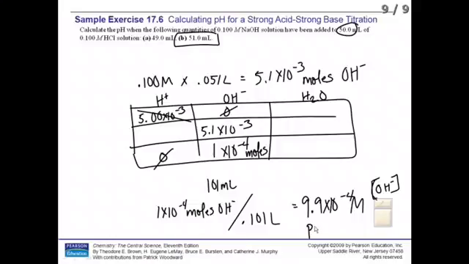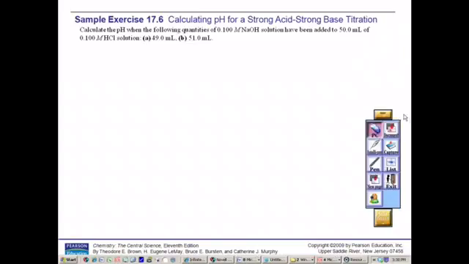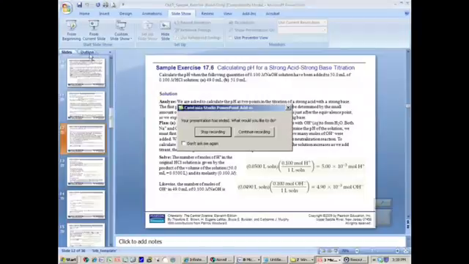So your pOH is equal to 3, which means therefore that your pH, 14 minus 3, is 11. 11.0. Final answer. Alright. So strong acid, strong base titration examples are super easy. It's all about the stoichiometric values, and should be a pretty simple one for you guys to work through.